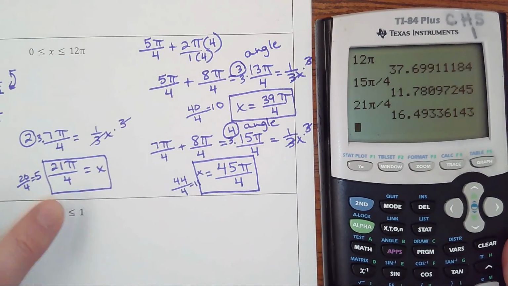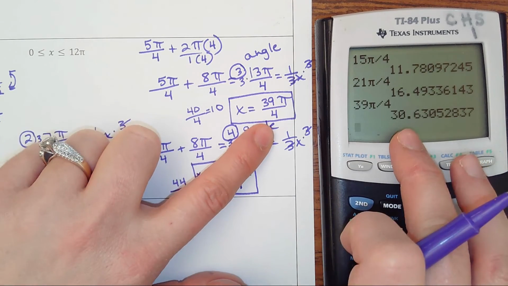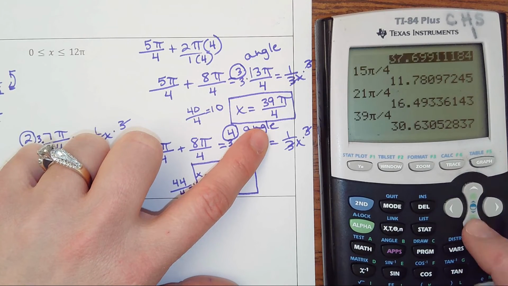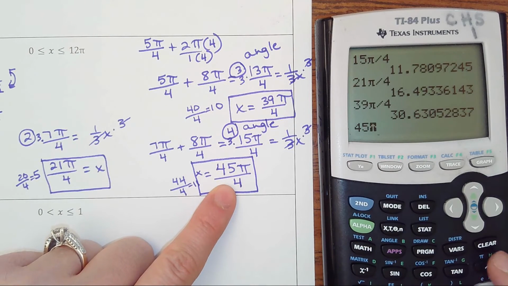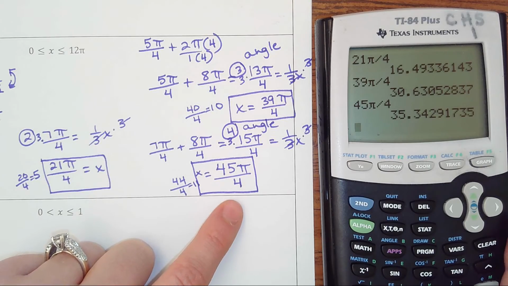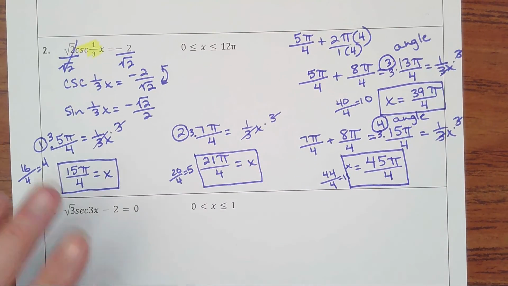If I take 39 pi divided by 4, that's less than, what was my number? I forgot. 37. And if I take 45 pi divided by 4, that's less than 37. But the closer and closer you get, you realize I'm not going to have to try anymore because they won't work. So you get 4 answers.